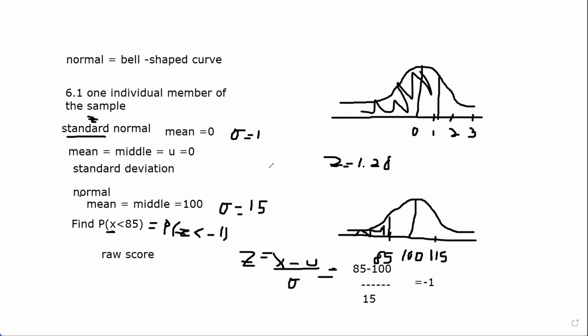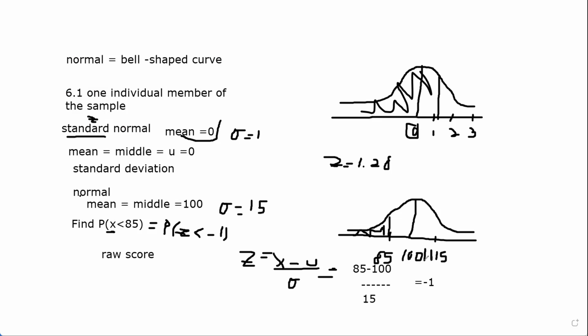But the point that I want to make is no matter what kind of normal curve you're on, whether it's a standard normal or just a normal curve, where's the mean? The mean is the middle score. Okay?